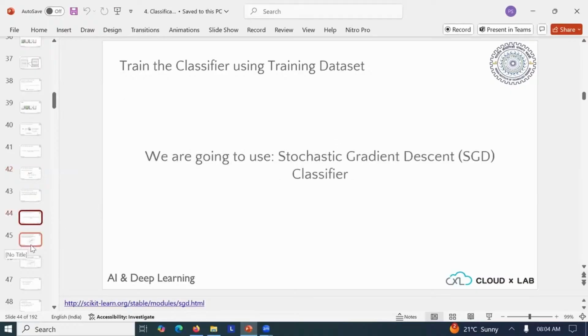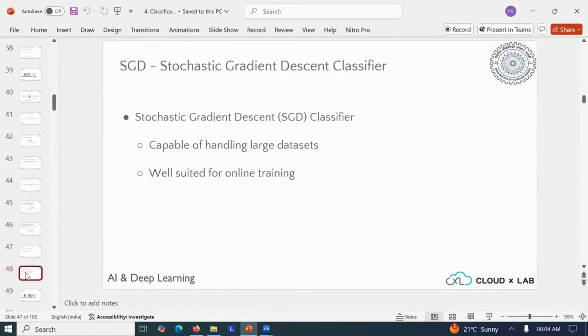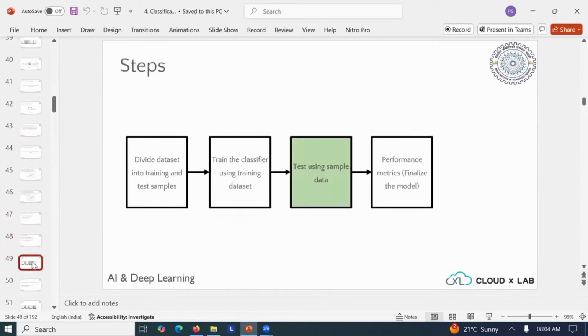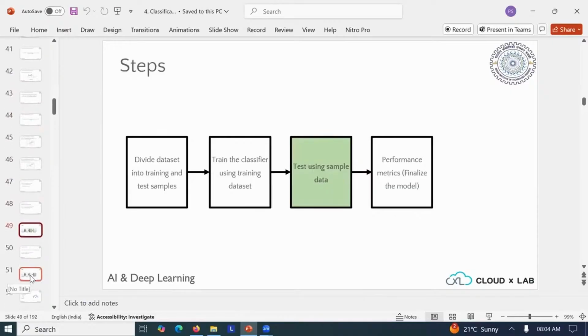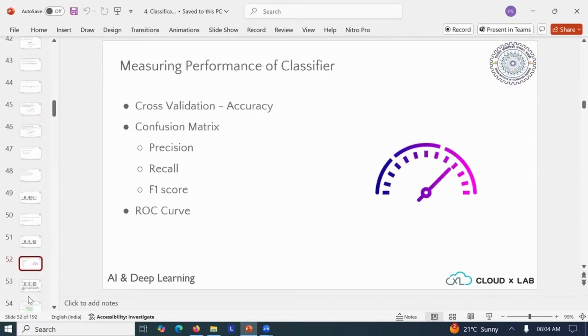So in that case, if we use a classifier, for example an SGD classifier, or you can take any other classifier, we cannot use accuracy as a measure, because we have a skewed data set, with some classes in the majority and some in the minority. So accuracy in that case is not a good measure of performance.